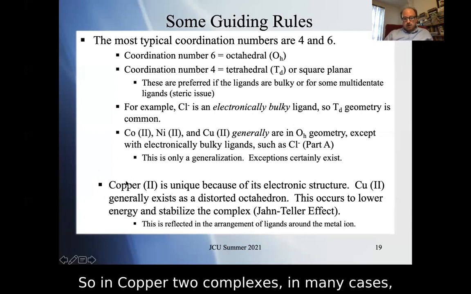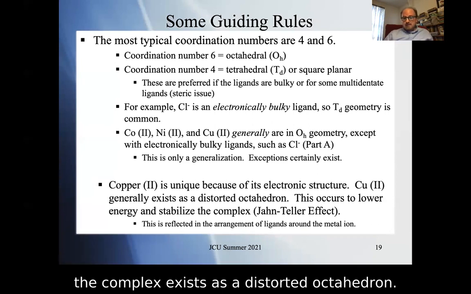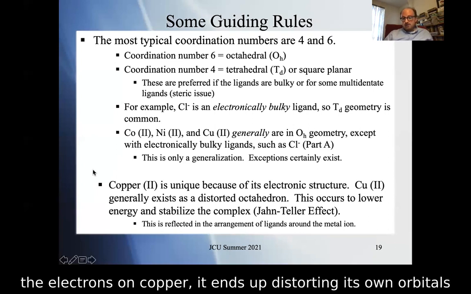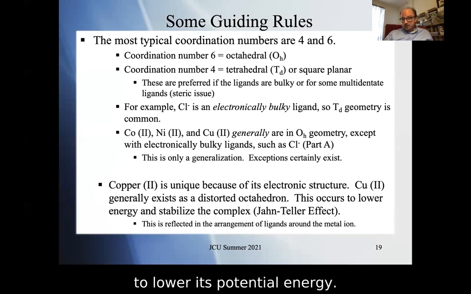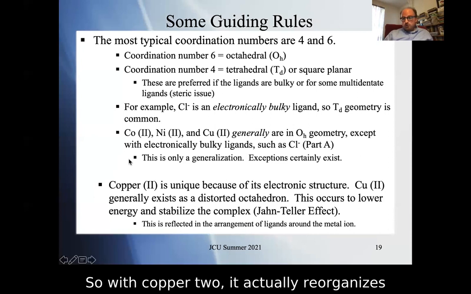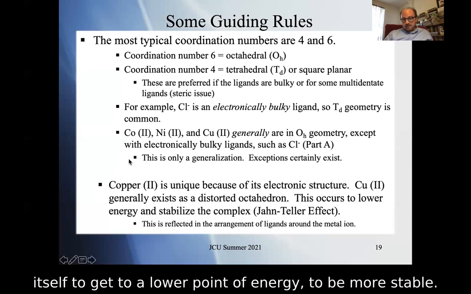So in copper 2 complexes, in many cases, the complex exists as a distorted octahedron. And this has to do with the fact that because of all the electrons on copper, it ends up distorting its own orbitals to lower its potential energy. The bottom line is, in chemistry, it is always trying to lower energy. So with copper 2, it actually reorganizes itself to get to a lower point of energy to be more stable.